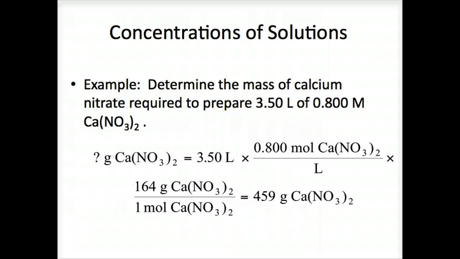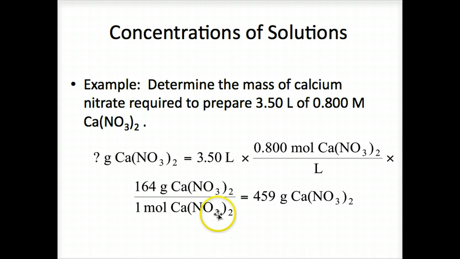If you have 3.5 liters of 0.8 molar calcium nitrate, you have 3.5 liters here. Its conversion factor is 0.8 moles of calcium nitrate per liter. Liters cancel, leaving you in moles. You know the formula mass of calcium nitrate because you've calculated that before, but you can calculate it again.